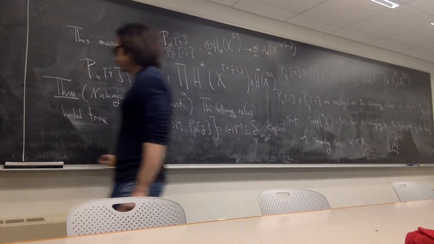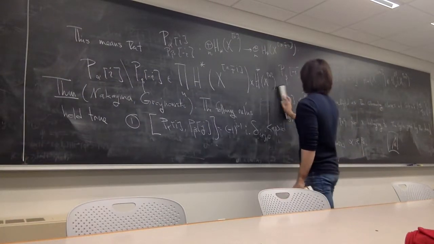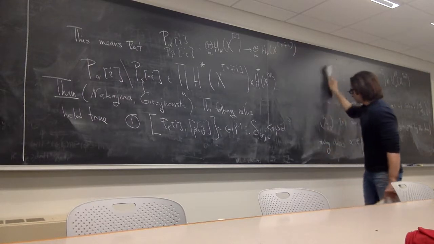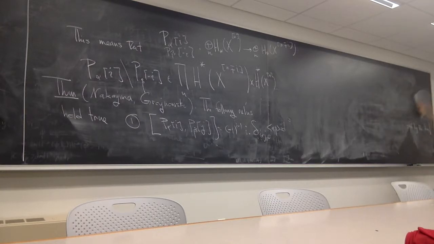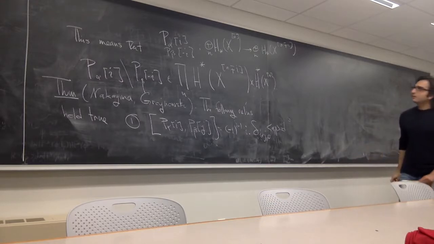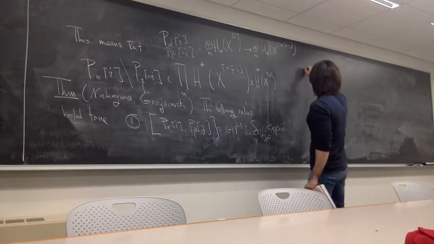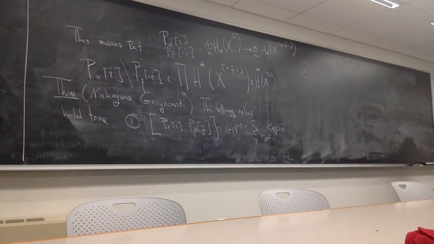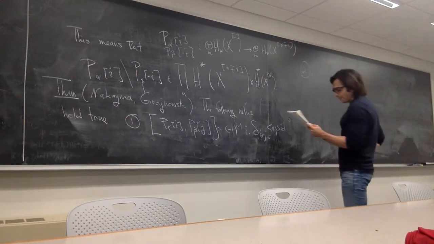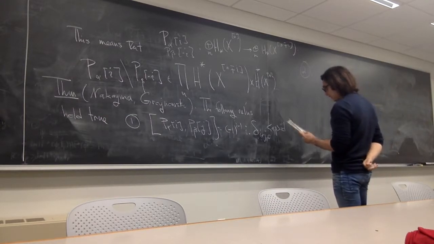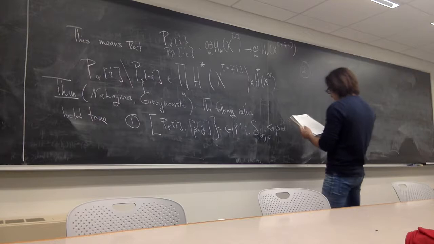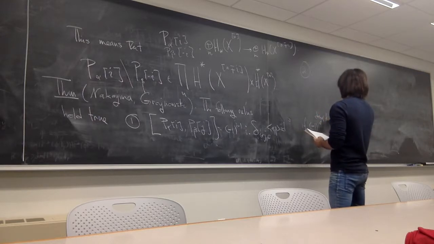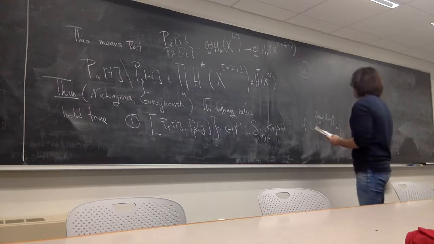So here's the condition: this is if minus 1 to the degree of alpha, degree of beta is equal to 1.